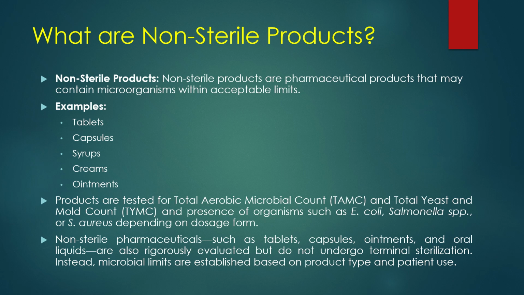Non-sterile pharmaceuticals such as tablets, capsules, ointments, and oral liquids are also rigorously evaluated but do not undergo terminal sterilization. Instead, microbial limits are established based on product type and patient use.